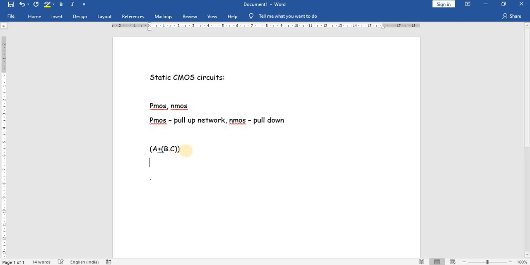So if there is a dot, then the PMOS will be in parallel. Always the PMOS and NMOS are complementary. They always work in the opposite direction. So PMOS in parallel means NMOS will be in series.